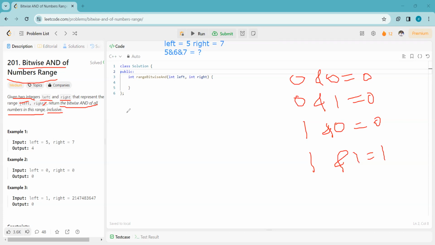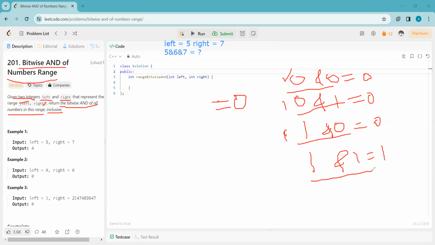So if we do a bitwise AND of one-bit numbers and we get 0 any number of times, like here we have 2 zeros, here 1 zero, here 1 zero, then the value will turn out to be 0.